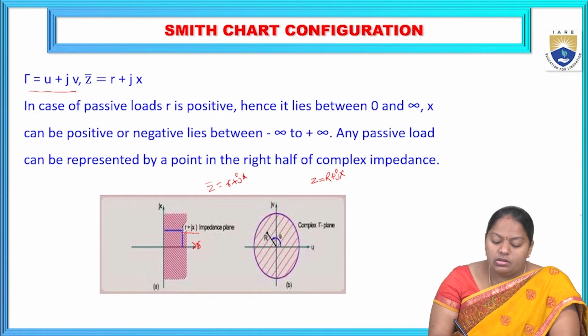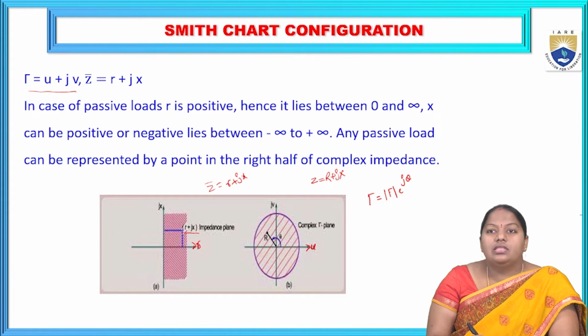Similarly, in order to draw the complex reflection coefficient plane, consider the real part as u and the imaginary part as v. Sometimes this gamma is expressed along with its magnitude, the modulus of gamma, and a phase function, e power j theta.